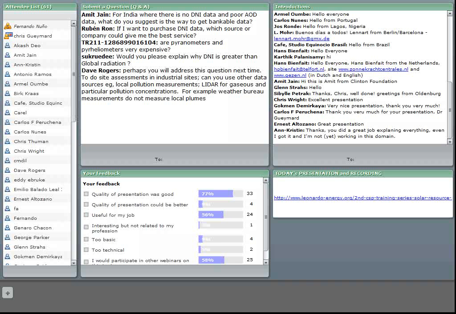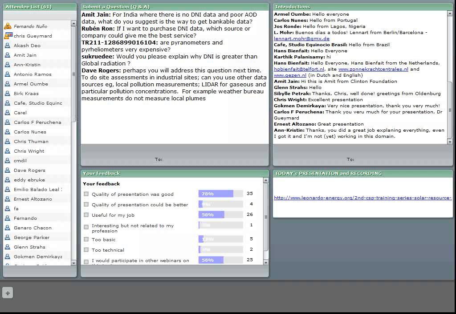Ideally you would need instruments on site, because, especially in an industrial environment, those plumes can change all the time. For example, on weekend days there might be no plume at all, and then on weekdays there can be a lot of pollution. So everything changes very rapidly.